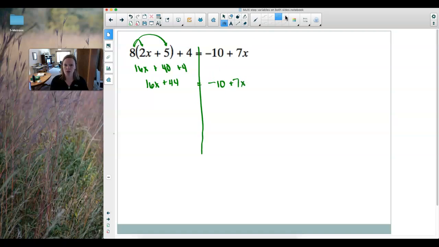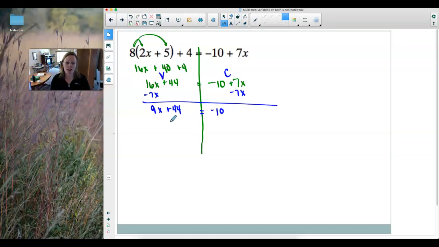We want to put variables on one side, constants on the other, so I'm going to put variables over here, constants here. So I'm going to subtract or get rid of the variable on this side, subtract 7x from both sides. So we have 9x plus 44 equals negative 10.